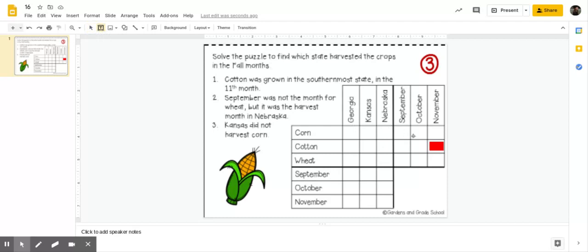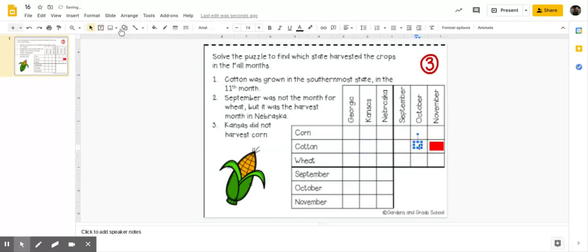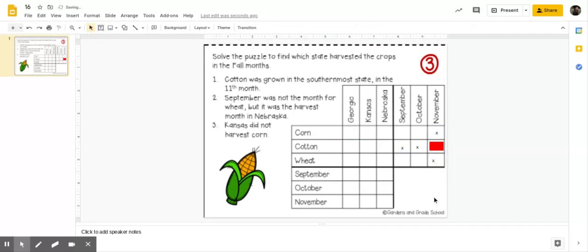But I do know that cotton is not picked in October and it is not picked in September. But that means if cotton is picked in November, that corn and wheat are not picked in November.